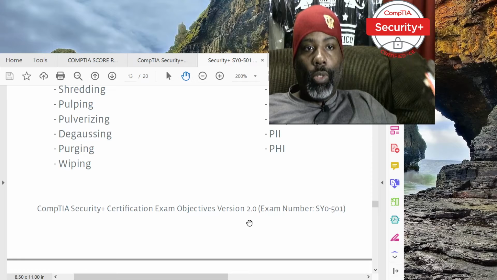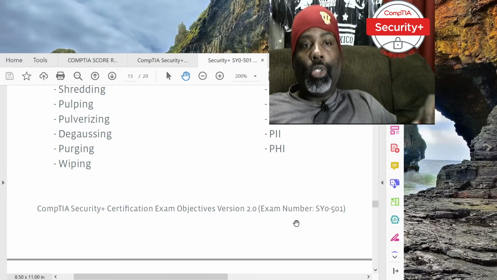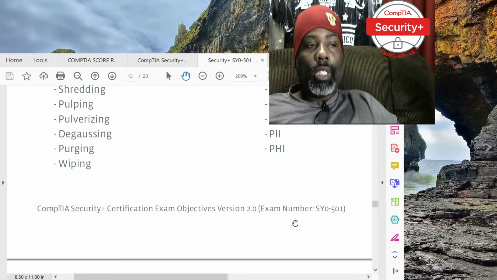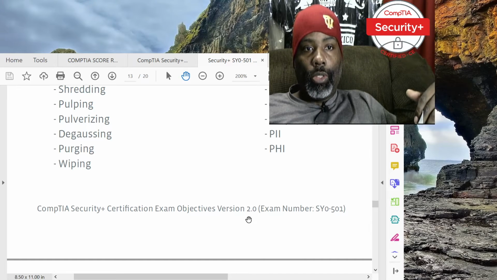If you're not using the correct exam objectives, you're going to have a problem, because the test you're going to be tested on is going to be based off the current objectives, which means if, say, for instance, you downloaded objectives, say, in February of last year for 501, and they were on the 1.0 version, and you just study what's on the 1.0 version, you're going to have a problem.